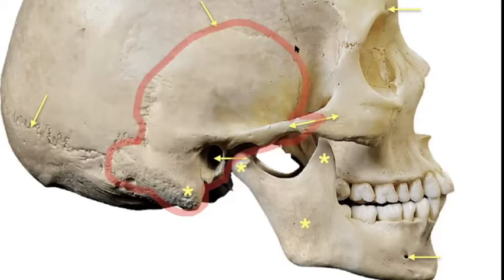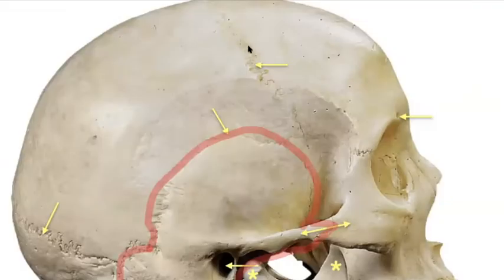So you have the squamous suture, and you might be able to relate that to the fact that this flat part, as we'll see later, of your temporal bone is called the squamous region. Right over there. So that's the squamous suture. This going down like a crown, right?